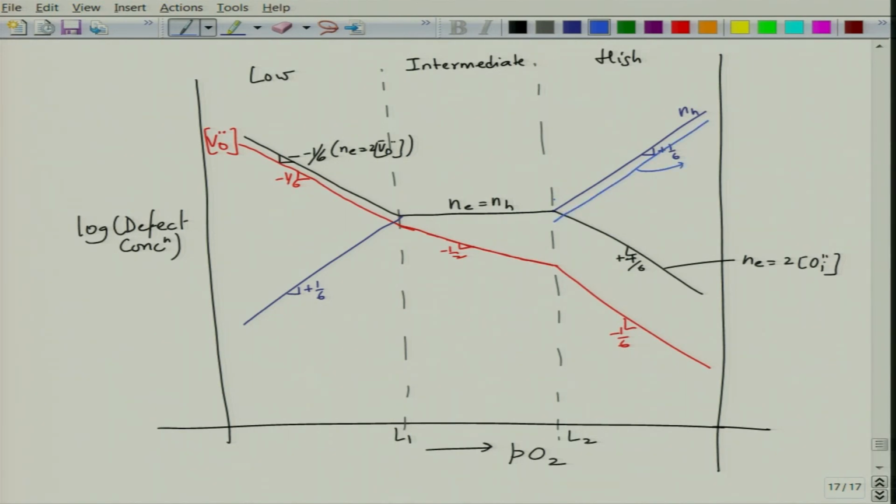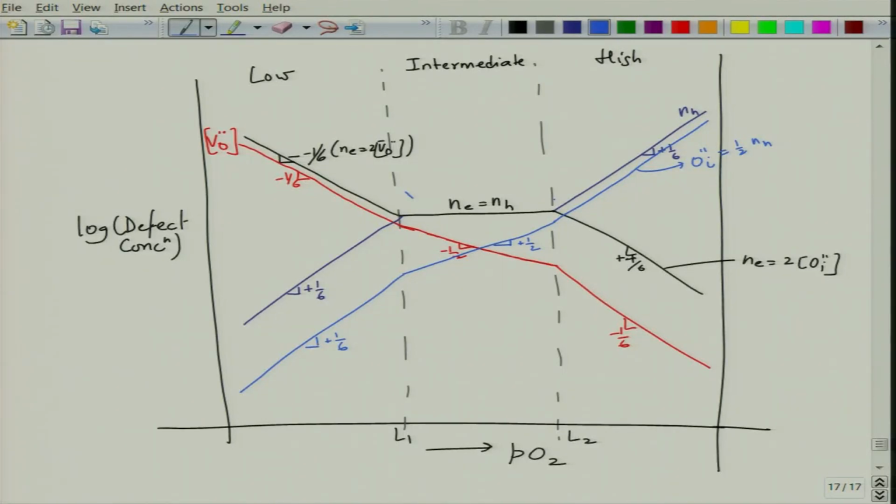So this is OI, which is half of NH. In this regime the slope goes as plus half, and then again in this regime it will go as plus 1 over 6.